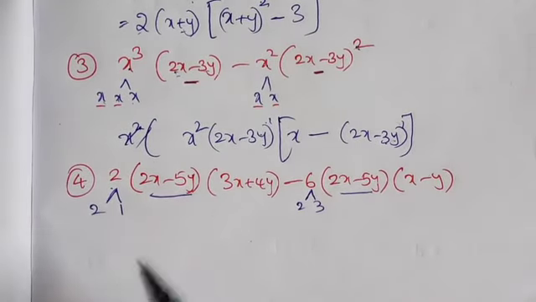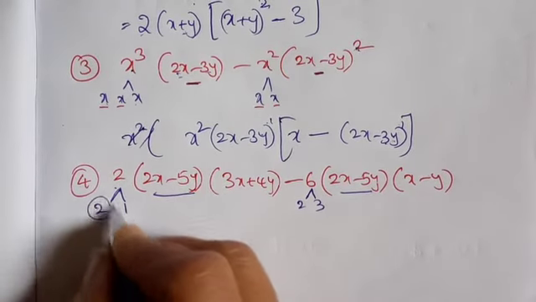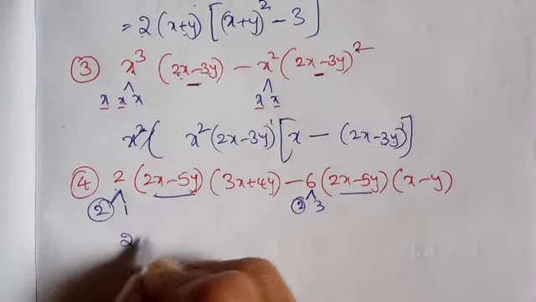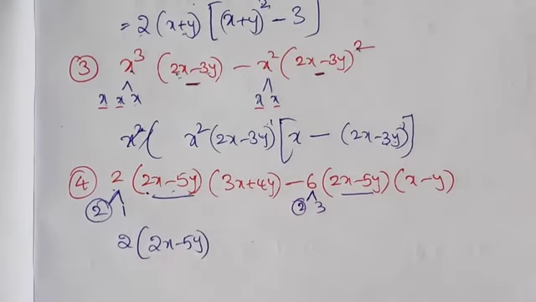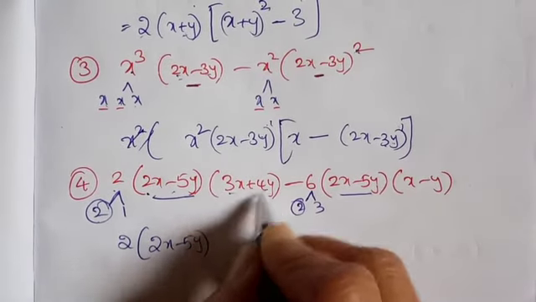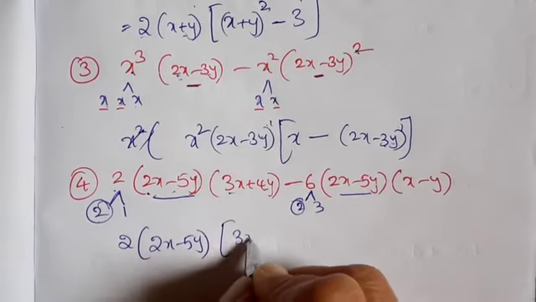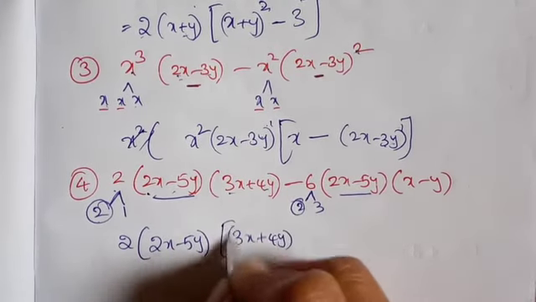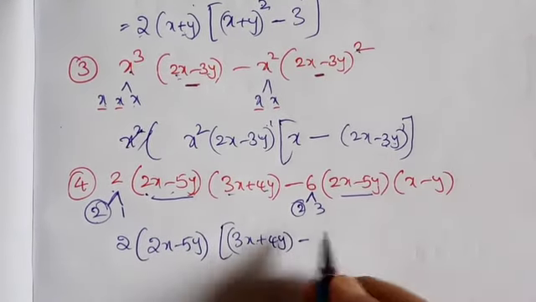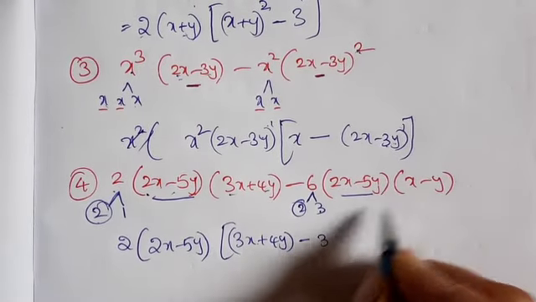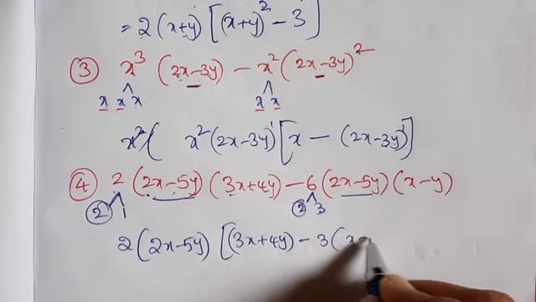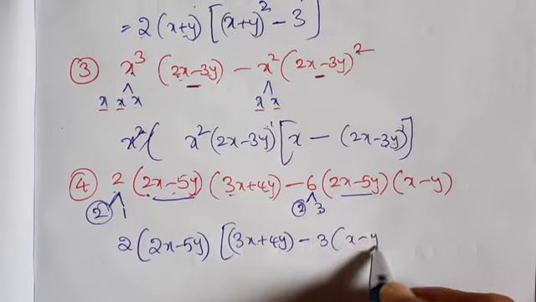So 2 is common, and what else? (2x minus 5y). What is left here? (3x plus 4y) minus 3 is left. 3 is left and this is also left: (x minus y).